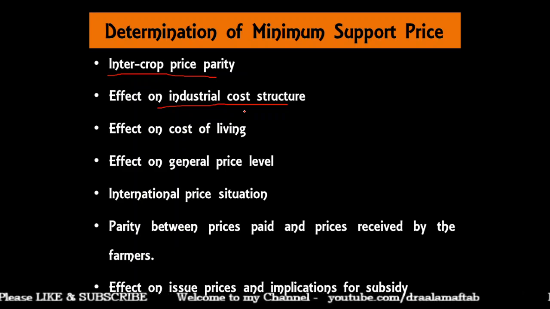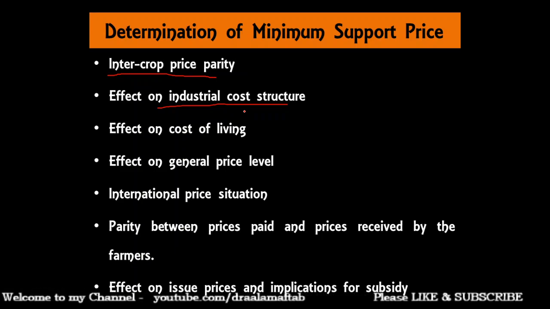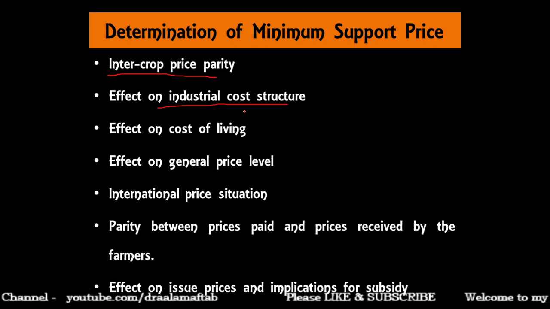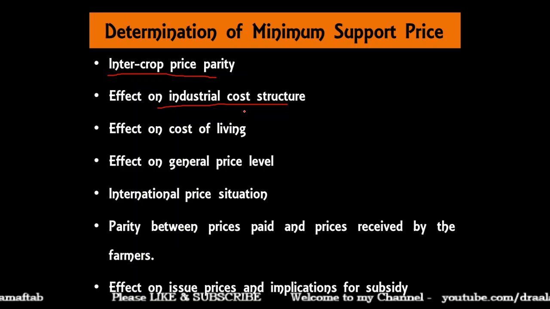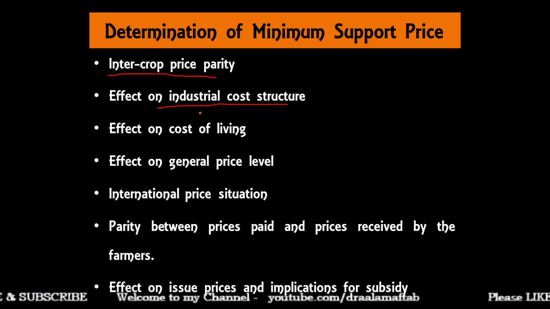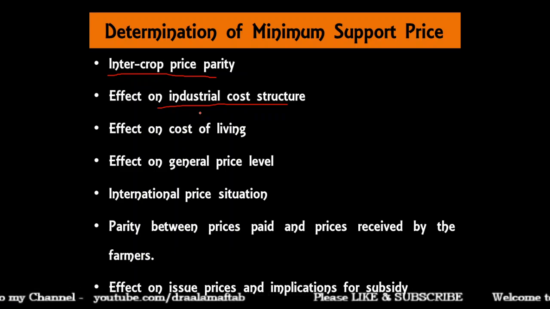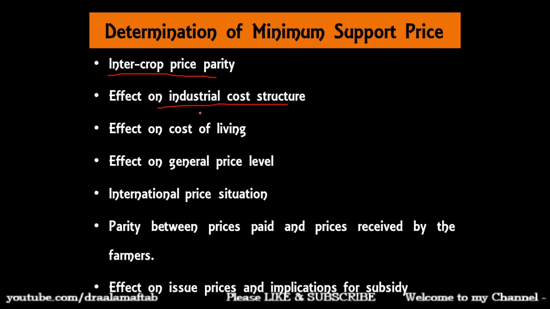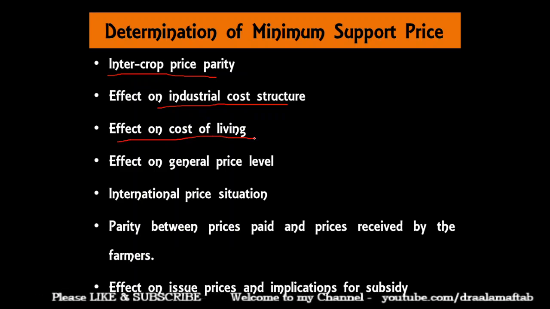The other thing is that there are several agro-based industries, and agriculture products are the inputs of those industries. So that way also industrial costs are affected. In fact, the food grain prices affect the cost of living of each and every area, so that effect on cost of living is also taken into account.